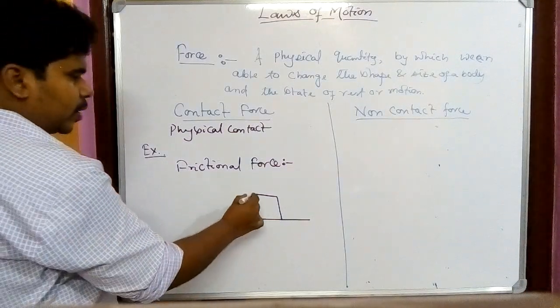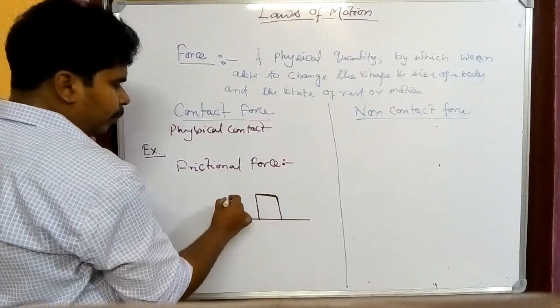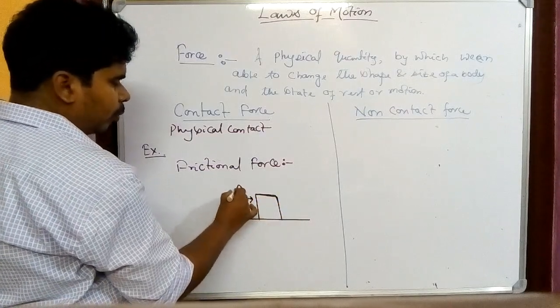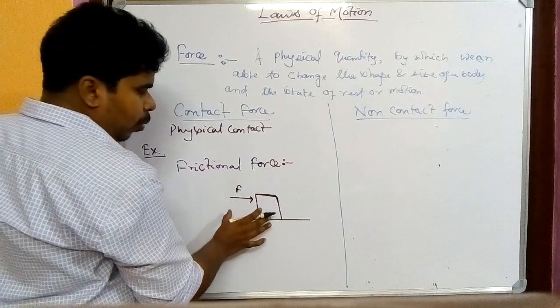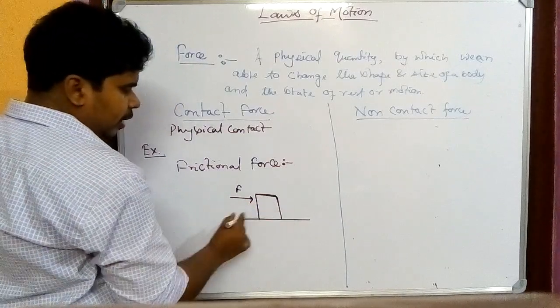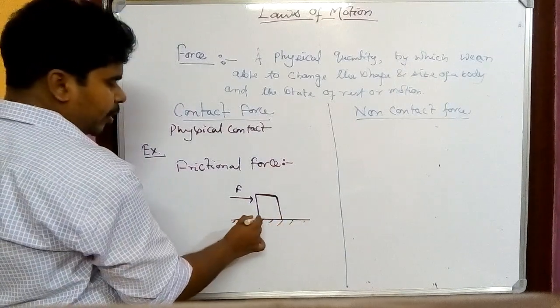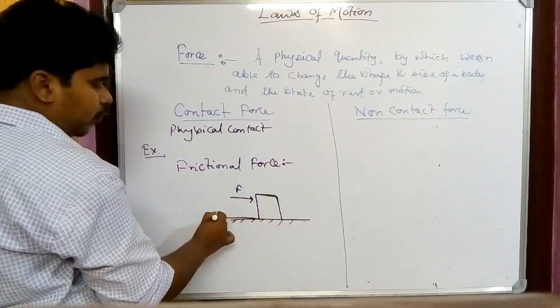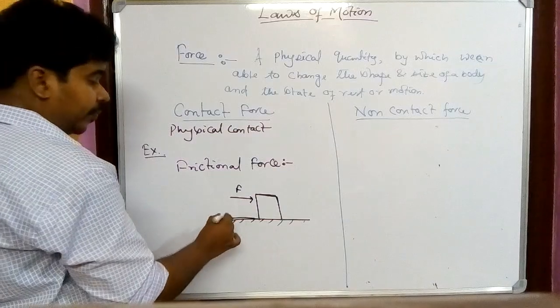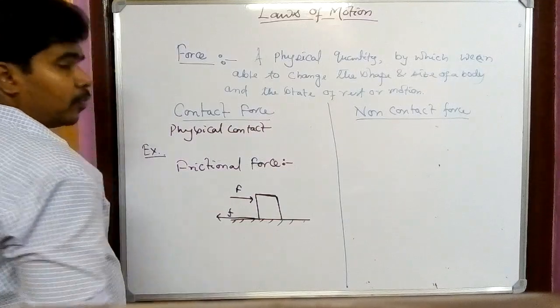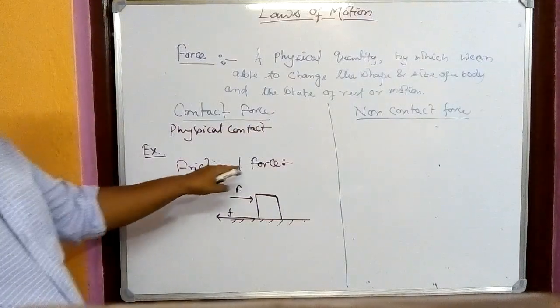Example, assume this is a body. I am applying force here to move the body. But as the body moves over the surface, the surface applies an opposite force to the body. That opposite force is known as frictional force.